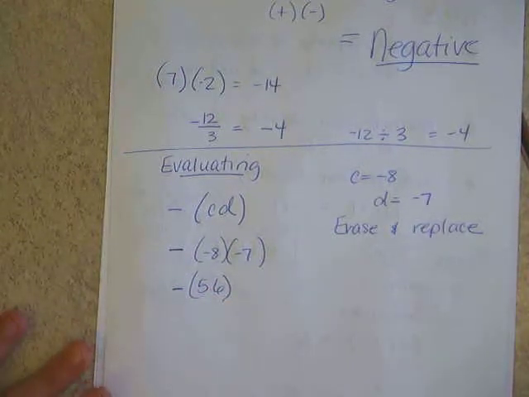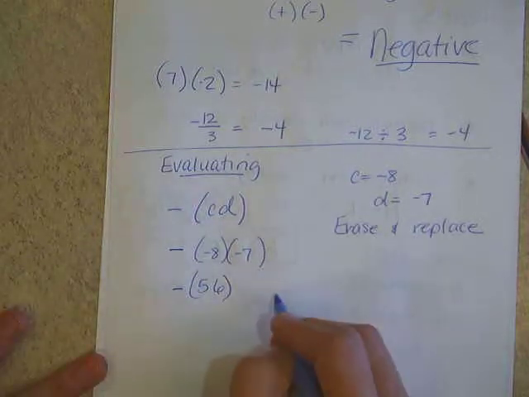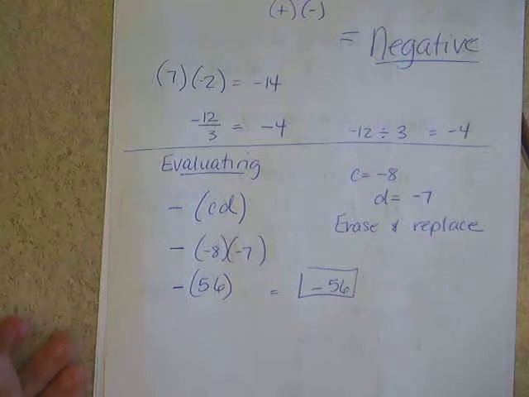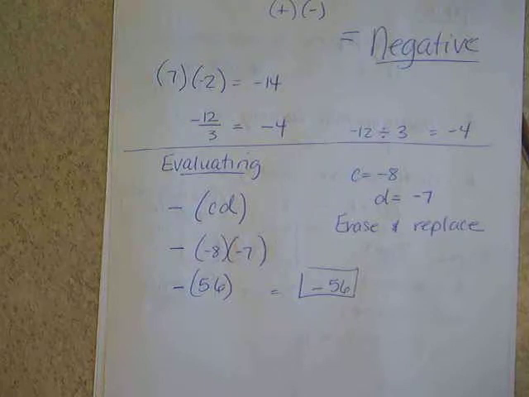So multiplying the two of these, my rule tells me that the 2 negatives together give me a positive, right? So this is the opposite of 56, which is just negative 56. Okay. Now another way that you could look at this, and this will work if you've got one expression, no addition or subtraction in there, but if you've got multiplication and division all in one clump, you can look at how many negatives you have.